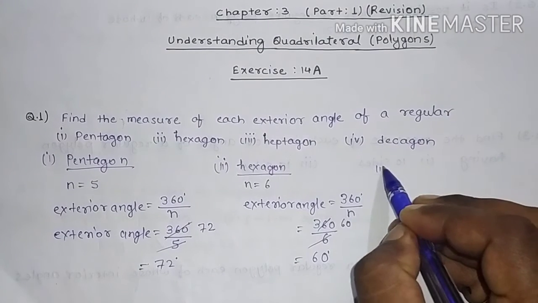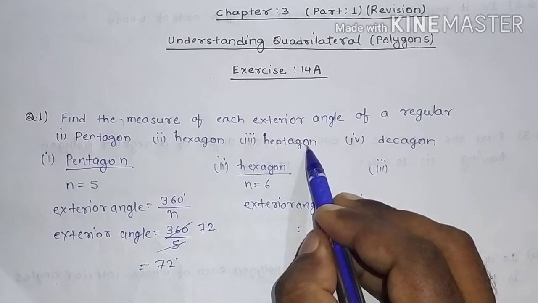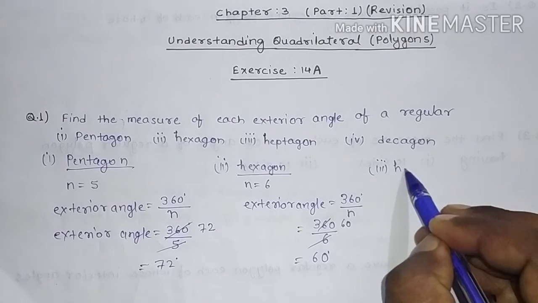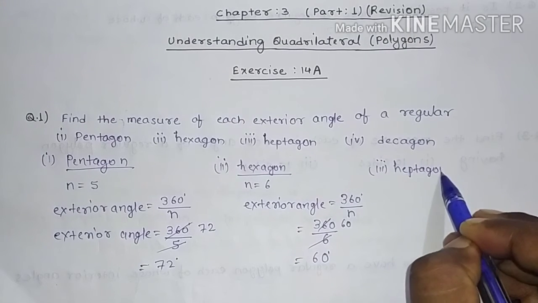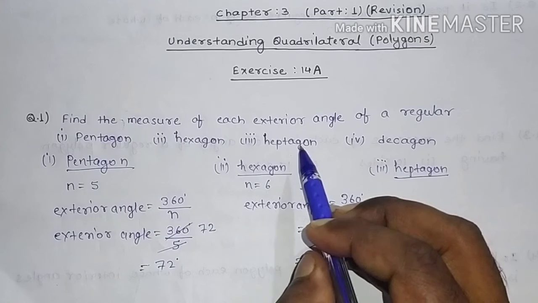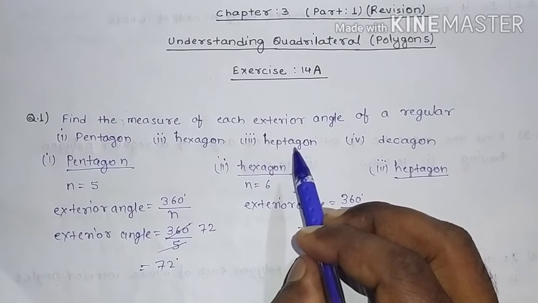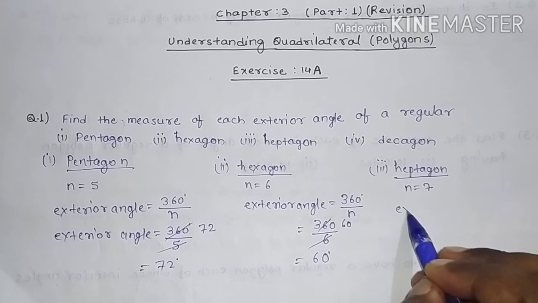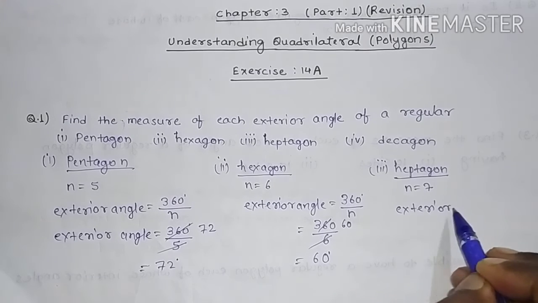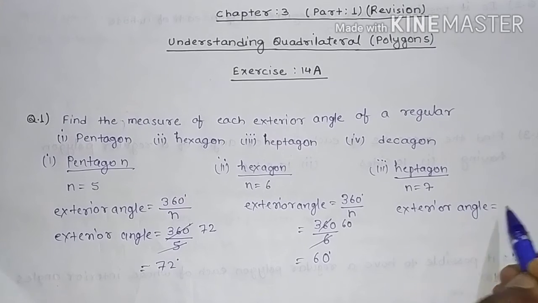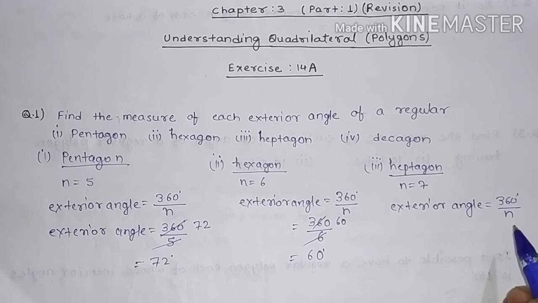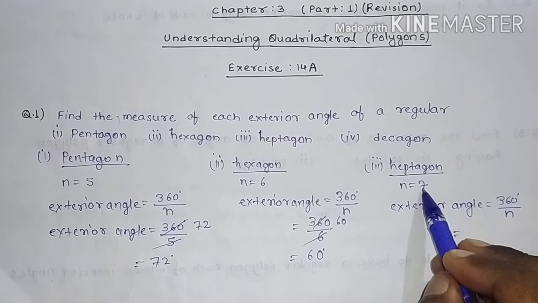Similarly, question number 3: a heptagon is given and we have to find each exterior angle. We know that a heptagon has 7 sides, so n equals 7. Now the same formula, exterior angle equals 360 degrees divided by n, where n represents the number of sides of the polygon.